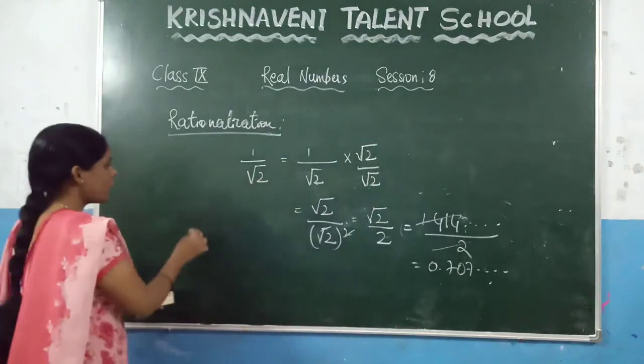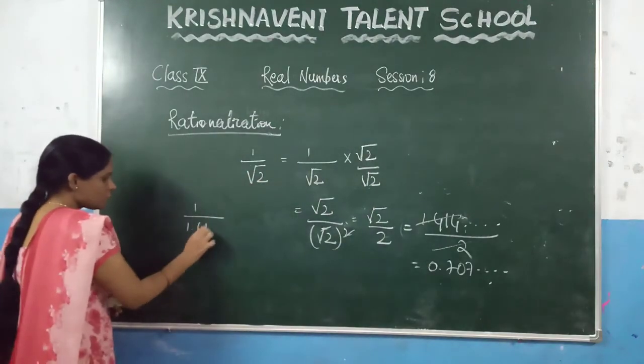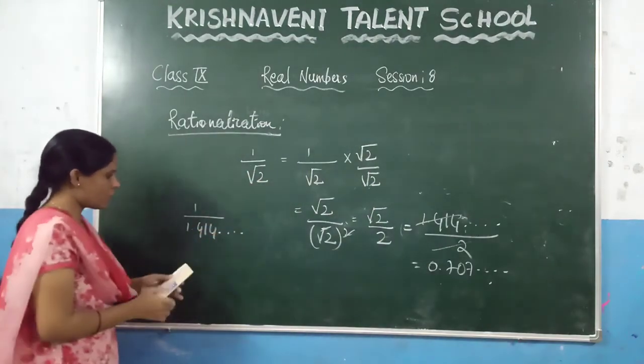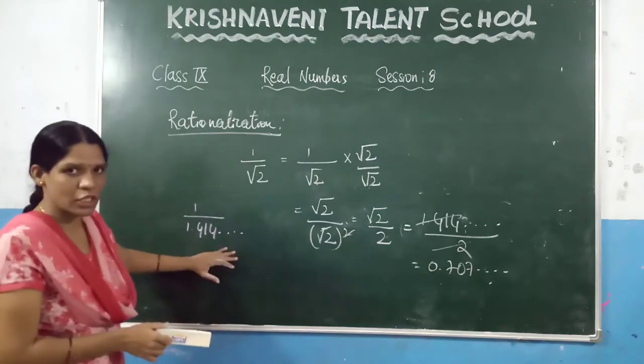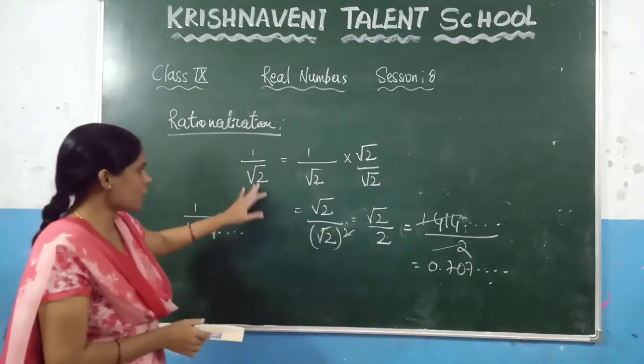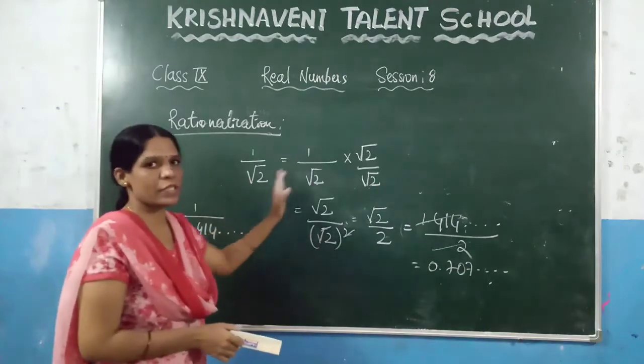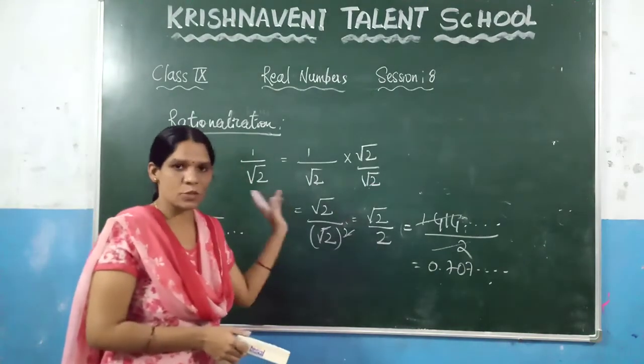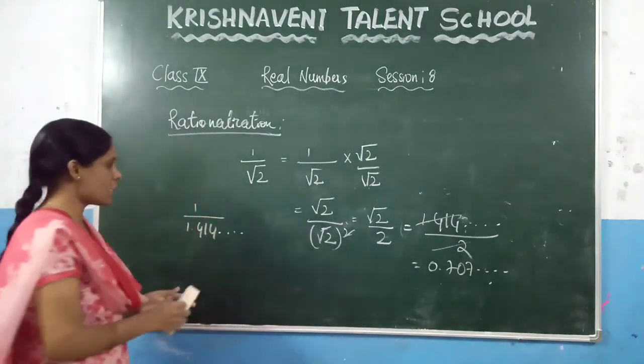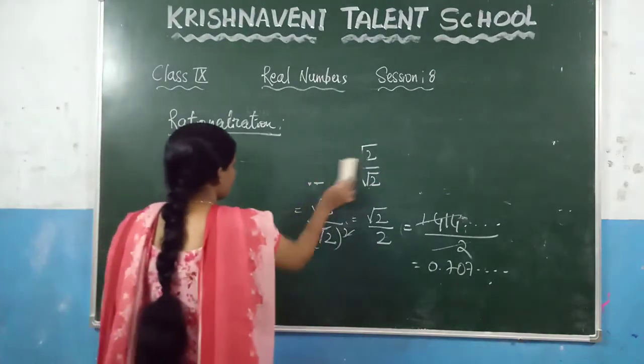Since we cannot divide 1 by 1.414 and so on, what have we done? We have changed the irrational denominator into a rational denominator. This process we call rationalization. Now writing the definition.